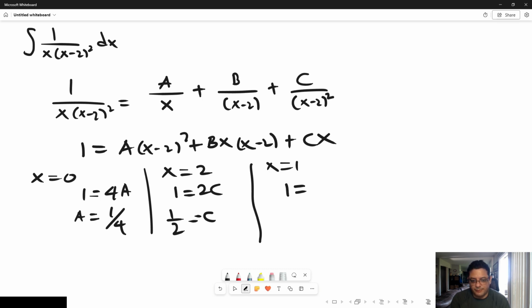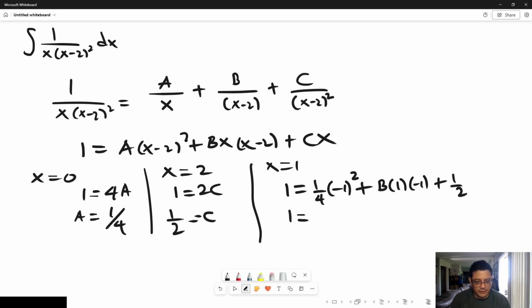I have 1 is equal to, and I already have a, so this is 1 over 4 times (1 minus 2) squared, plus b times 1 times (1 minus 2), and then plus c, which is 1/2 times 1. So I have this.